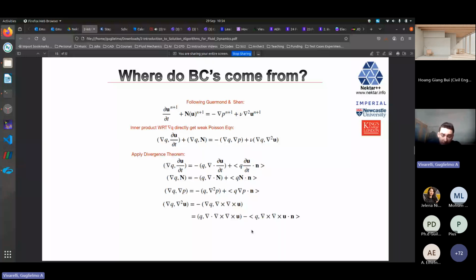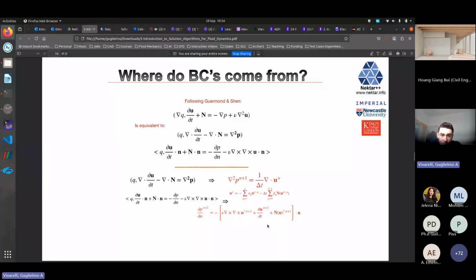Okay, so this puts the overall Navier-Stokes discretization using the velocity correction scheme together with a pressure equation that requires boundary conditions to be able to be solved. And this is the overall system of equations.